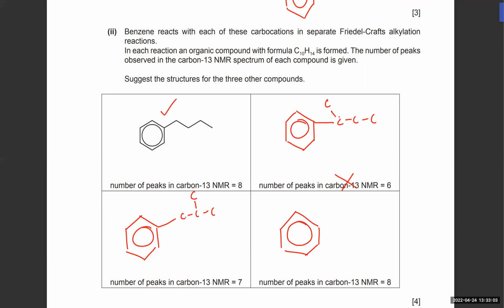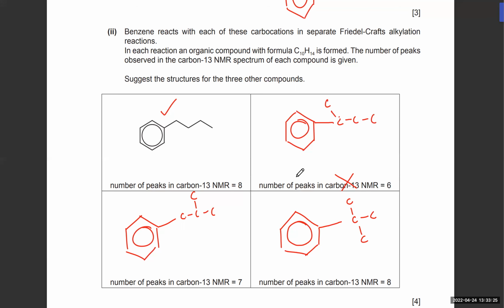The last option is you've got 4 carbon atoms C4H9 and the middle one is the positive one, so the benzene goes and bonds with this middle carbon atom. So these are your 4 structures.